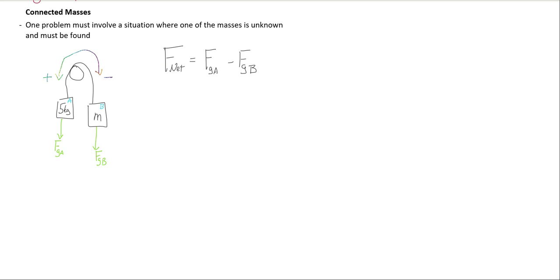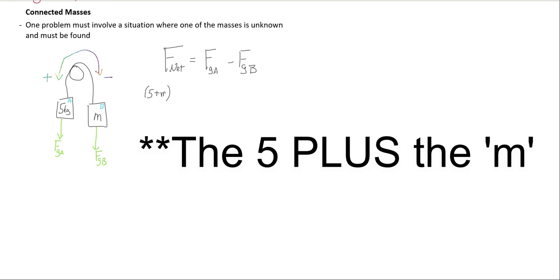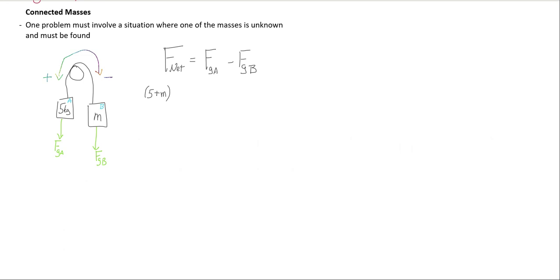So we know the net force is the mass times acceleration, but remember, when you have connected masses, both masses, the 5 and the M, are going to be moving. So if both masses are going to be accelerated, we have to include both of them added together for our net force mass. So that's our mass times our acceleration, right?